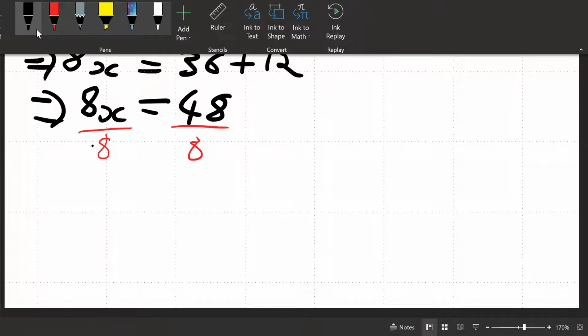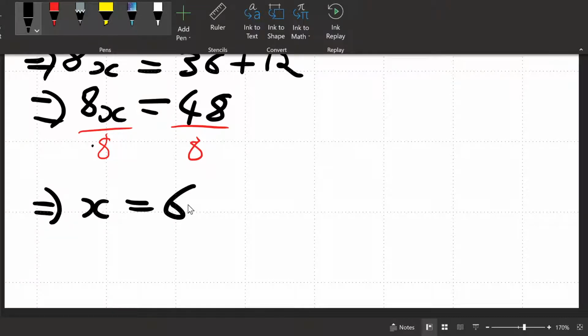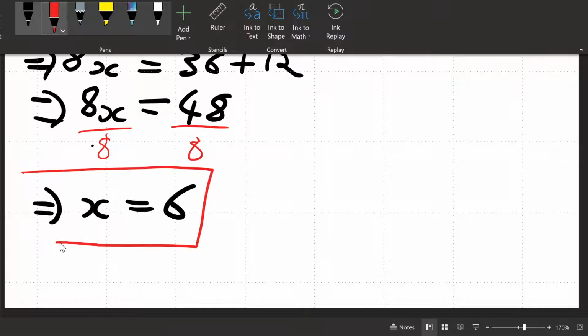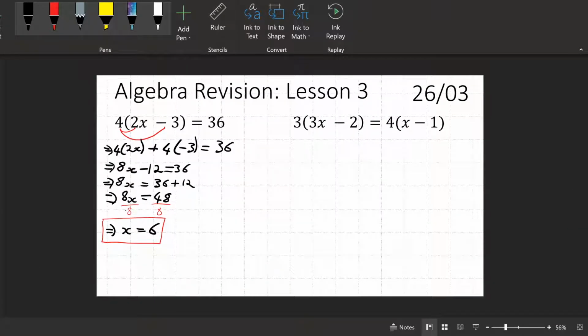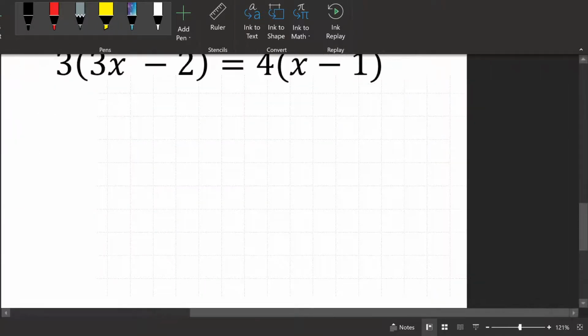So finally we end up with x equals 6. Great. That's a nice, simple, straightforward linear equation, really just another single step up from where you girls already were. We'll look at another example, I'll give you some homework to do, and before you know it, we'll have a good grasp on algebra.